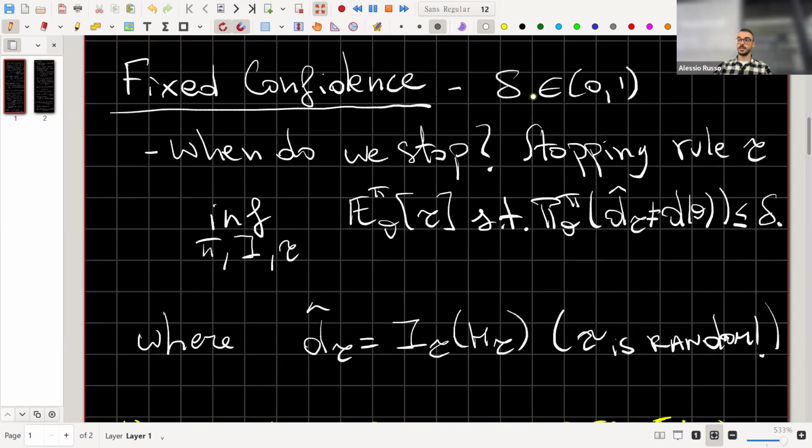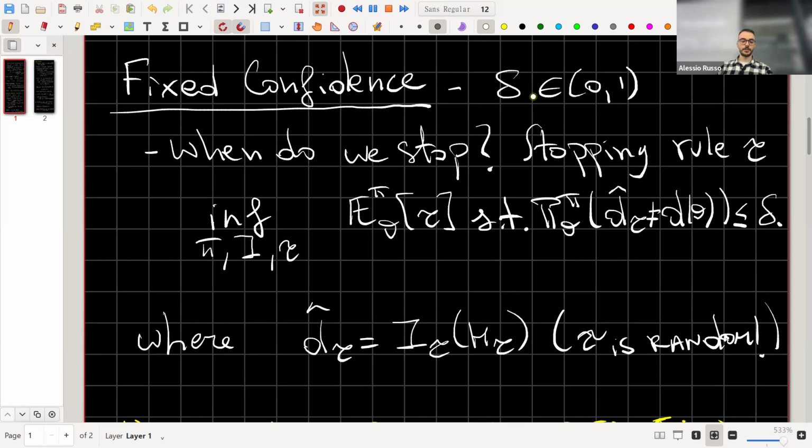So the question is, what is this expectation E theta? Is theta a varying parameter or is it fixed? So for now, it's fixed. We consider a fixed problem, theta.